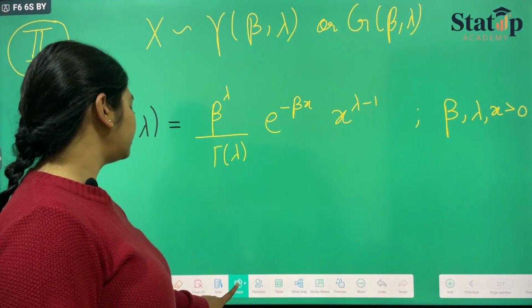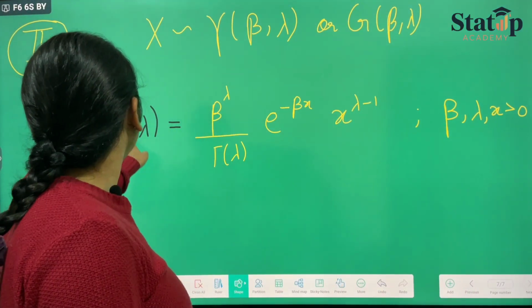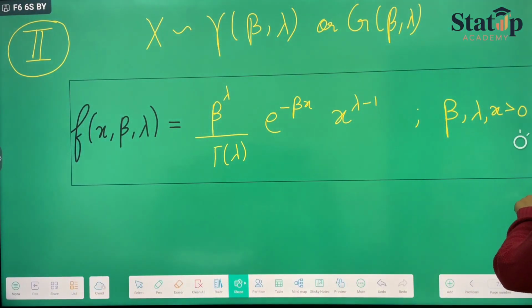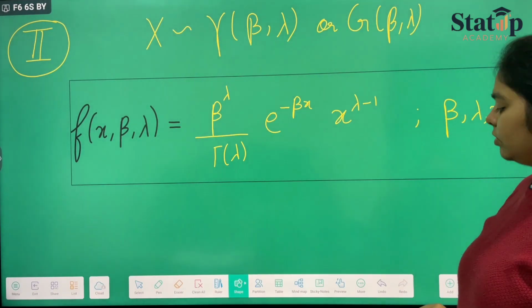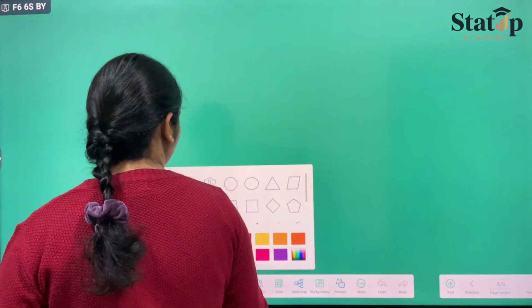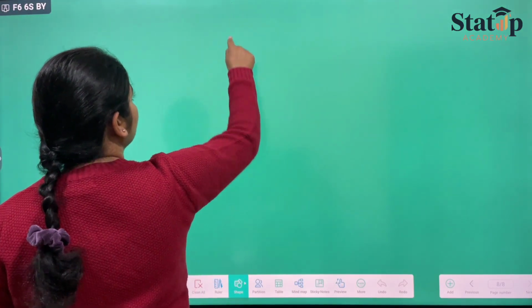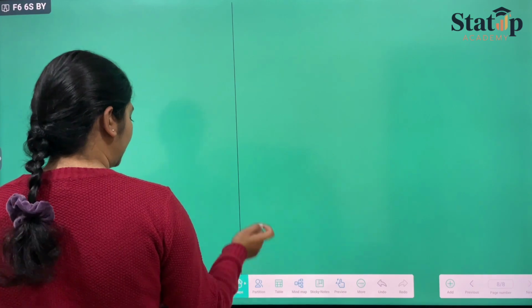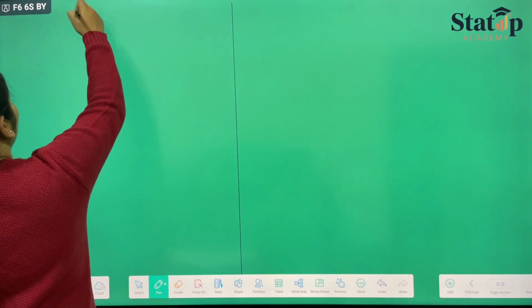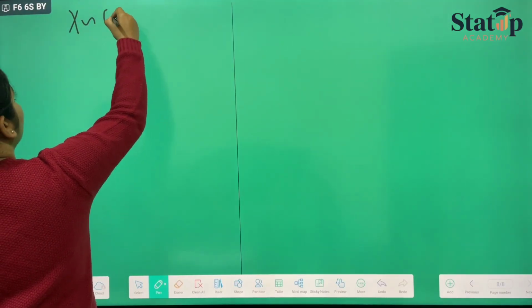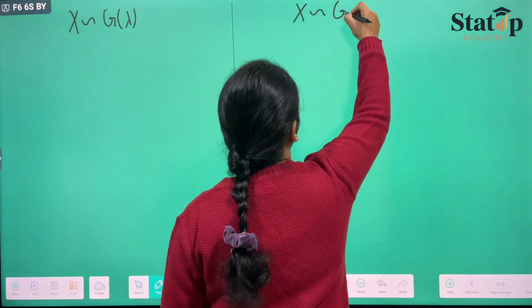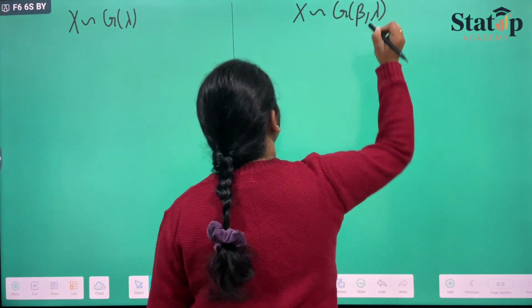So this is our gamma distribution with two parameters beta and lambda having this PDF. This is also important. Now we'll be simultaneously discussing the properties of these two distributions so that you know the difference between both of them. So x follows gamma lambda, which is one parameter, and x follows gamma beta comma lambda, which is two parameters.